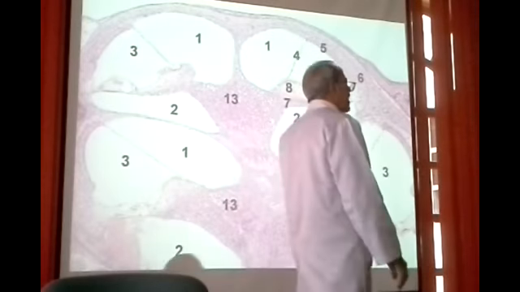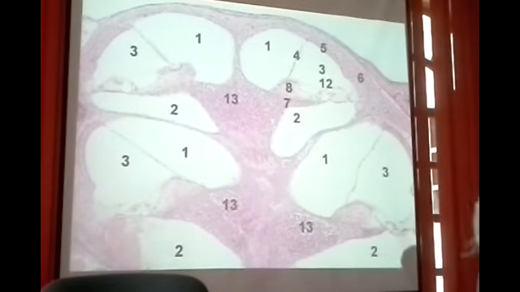Receptors of equilibrium are present in the utricle, the macula utriculi, and the saccule, the macula sacculi. In the ampulla of each semicircular duct, the crista ampullaris. What is the general structure of the receptors in the inner ear? Three structures: hair cells, supporting cells, and gelatinous material.